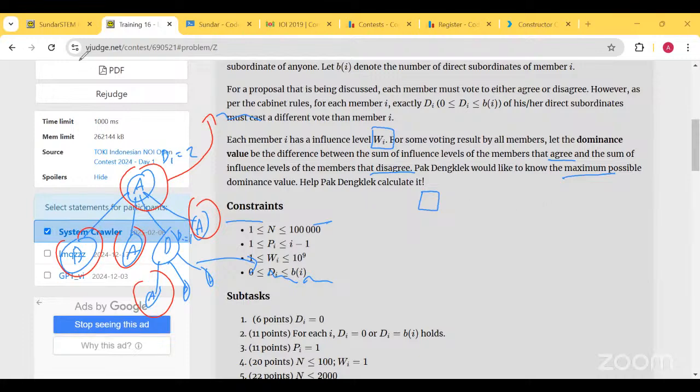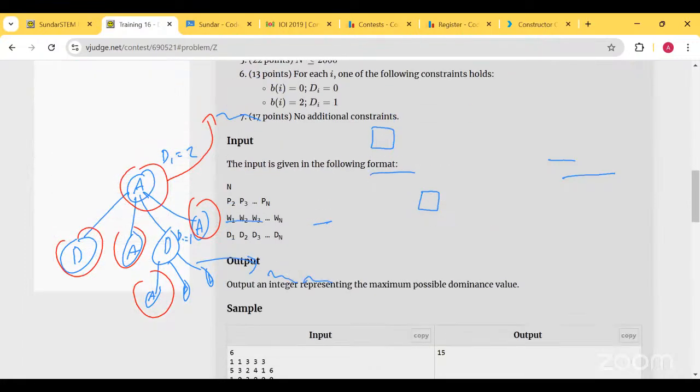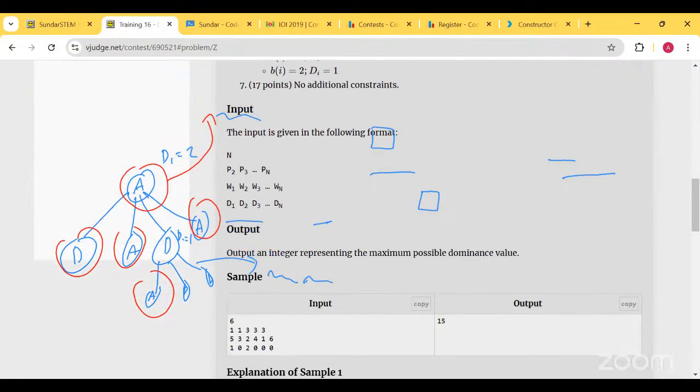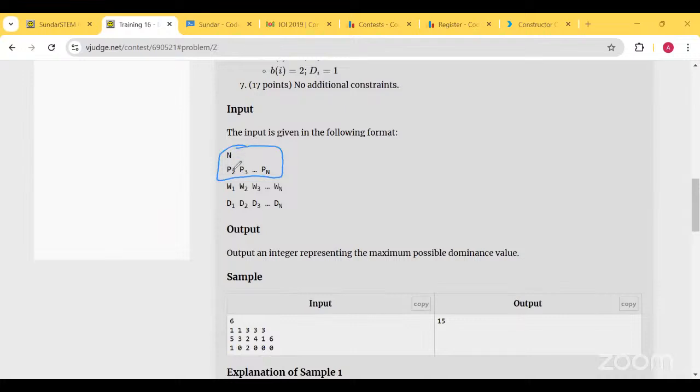Then how to calculate it? So given a tree like this, given an influence level, and then given d, how many children must be in a different state from the parent.